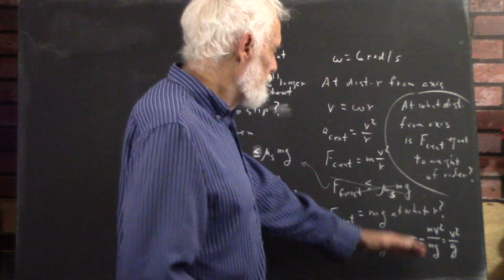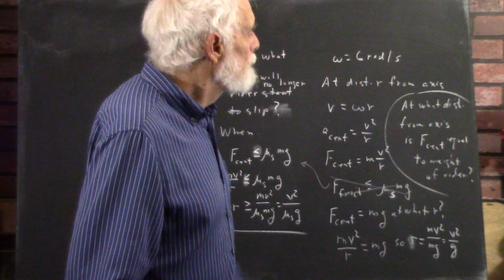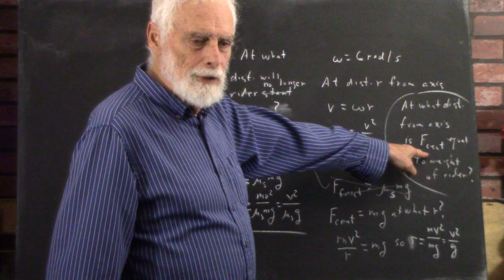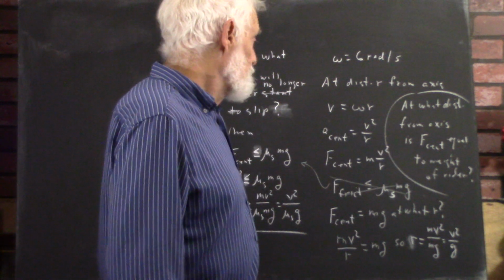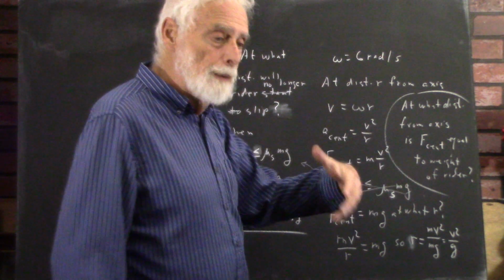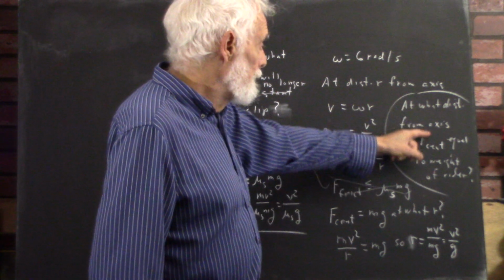So that's the question we're trying to answer here. Well, you see that this is talking about a centripetal force on something with mass. So what is a centripetal force on a massive object at a given distance from the axis?